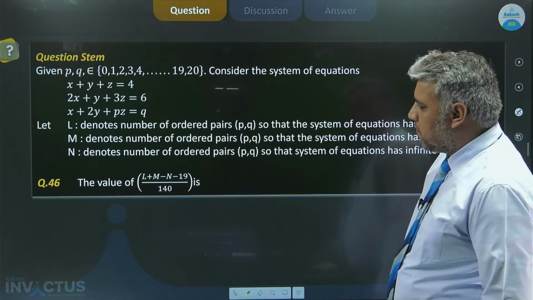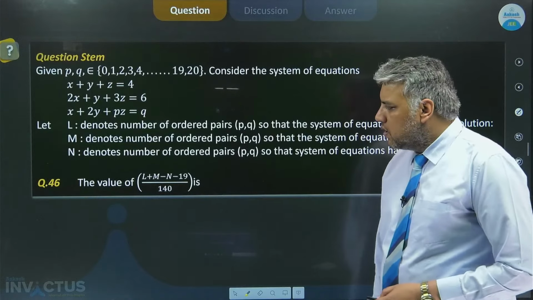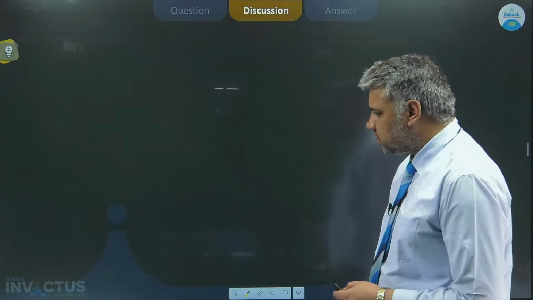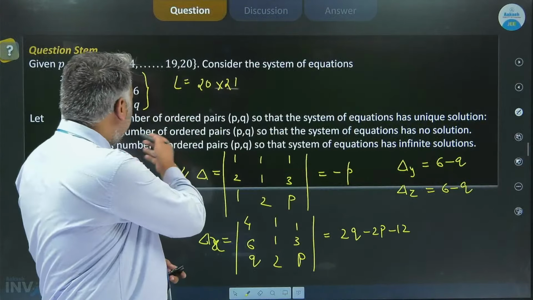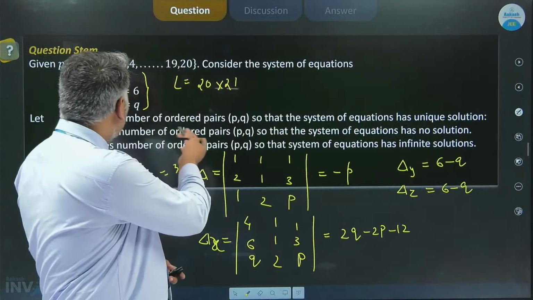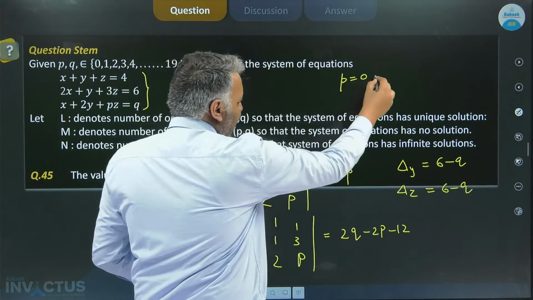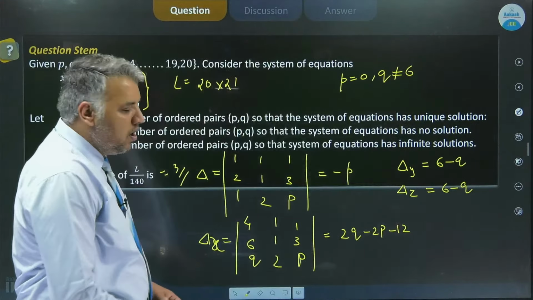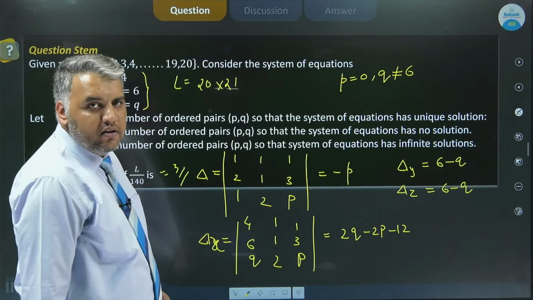Okay, moving on to question number 46, again LMN. The question is based on LMN. So you can see that we have to calculate the ordered pairs of p, q when there is no solution and when there are infinitely many solutions. You can see that if p is equal to 0 and q is not equal to 6, then del will be 0, but del x, del y, del z will not be 0.